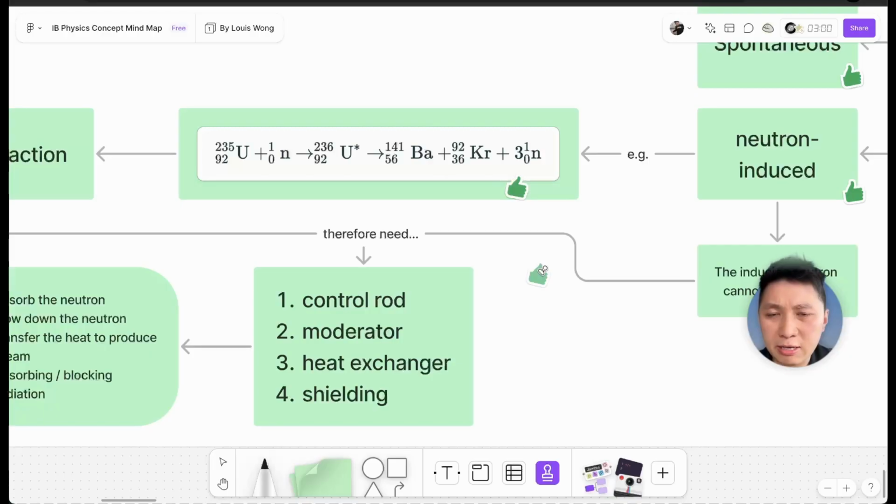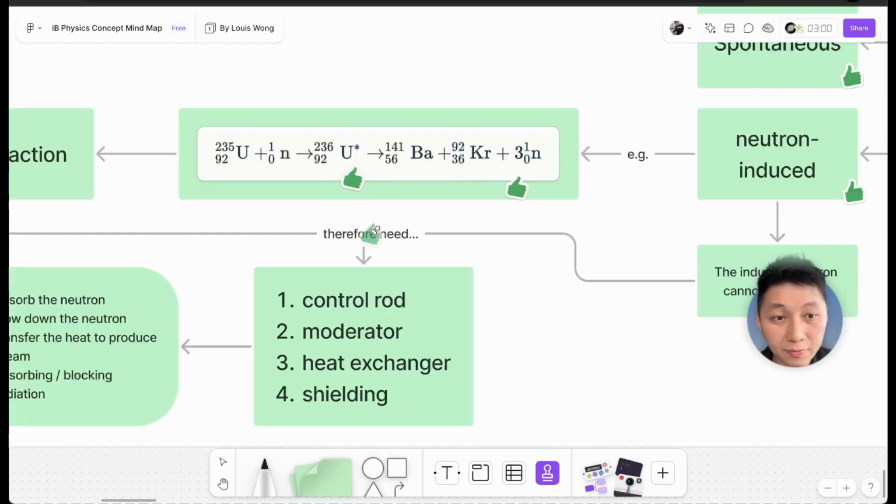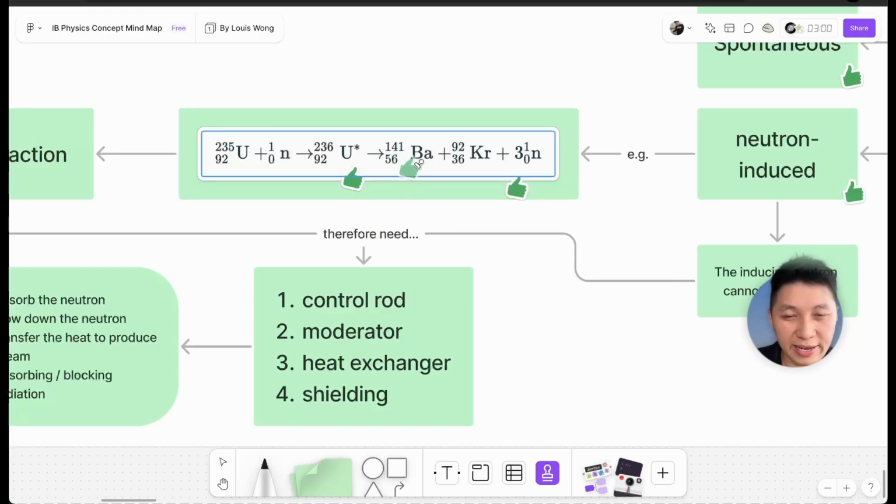I deliberately express it as uranium-235 plus 1 neutron becomes 236 first. It's important to know that the neutron is captured within the uranium, and uranium becomes 236, and then the 236 becomes unstable because of that, and then it splits into the daughter nuclei and 3 neutrons.